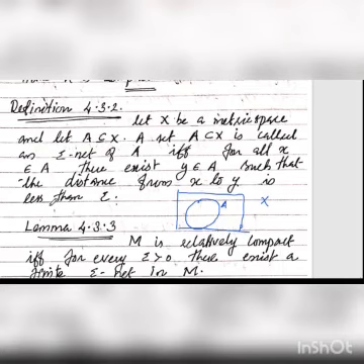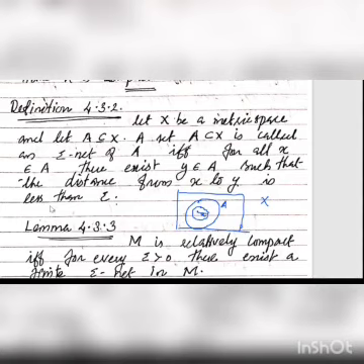Now, a subset of X is called an epsilon net if you take an element x and can find an epsilon neighborhood, because we have taken a metric space.